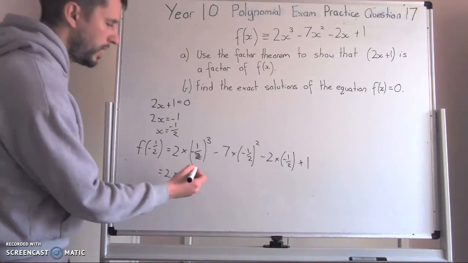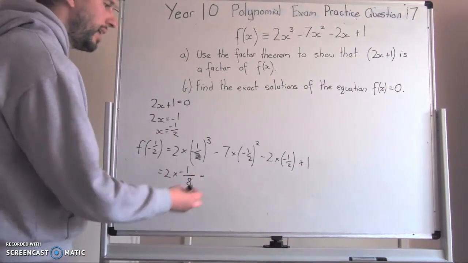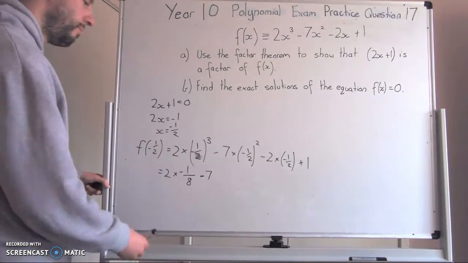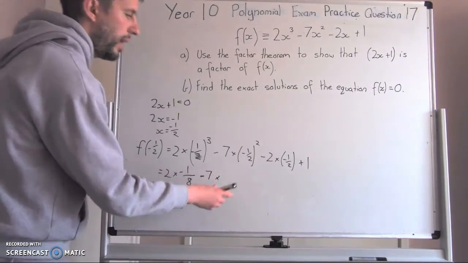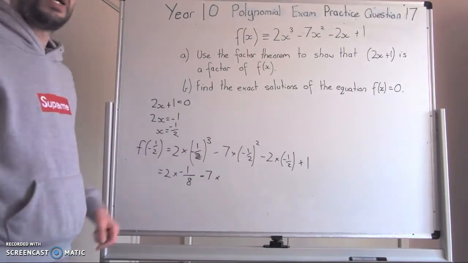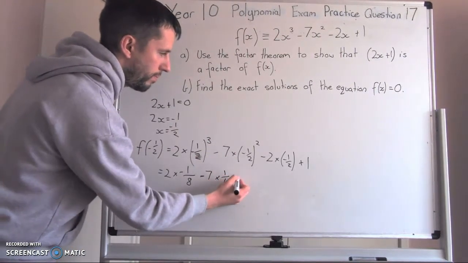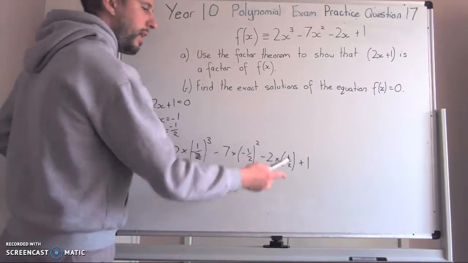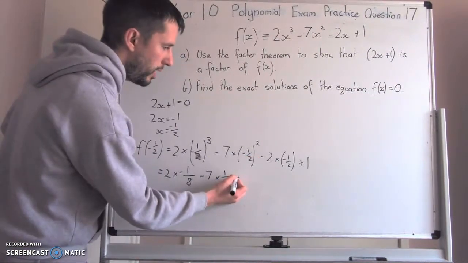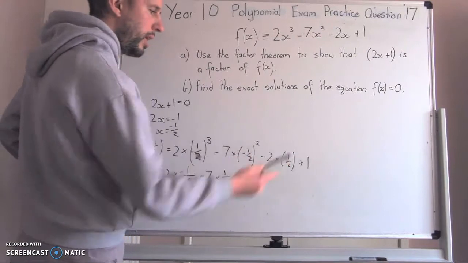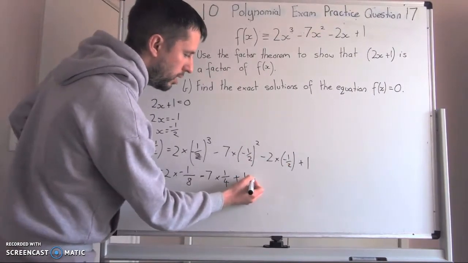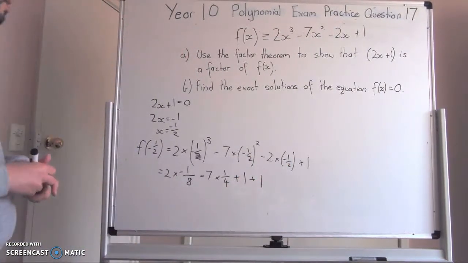Next, I'm going to take away 7 here. Negative a half times itself becomes positive 1/4. Then I've got a negative and a negative multiplying, which is a positive. 2 times a half is 1. So I'm left with plus 1.